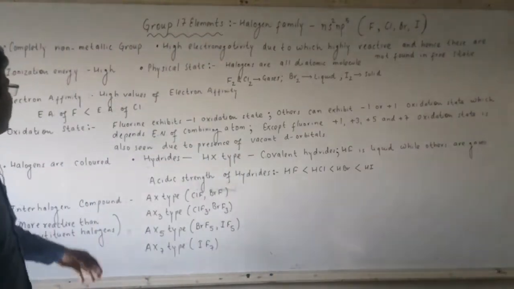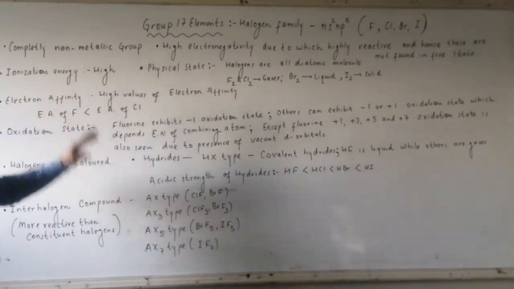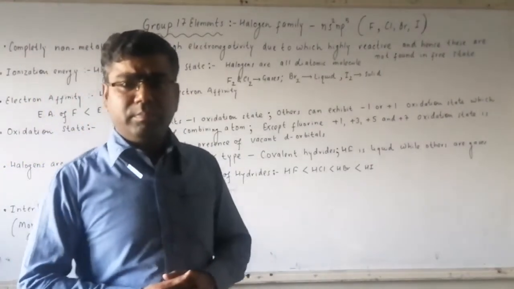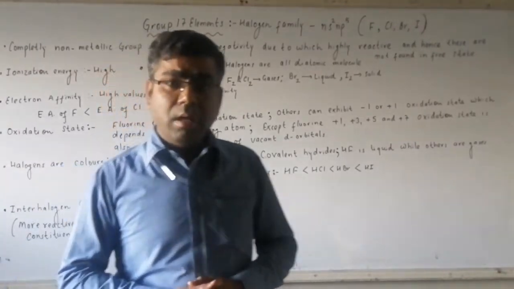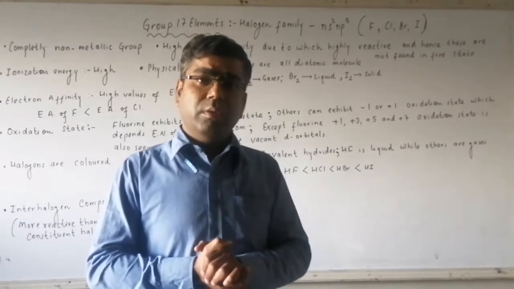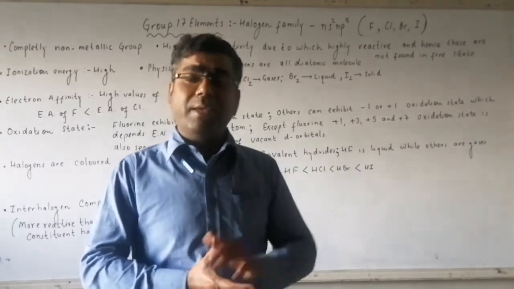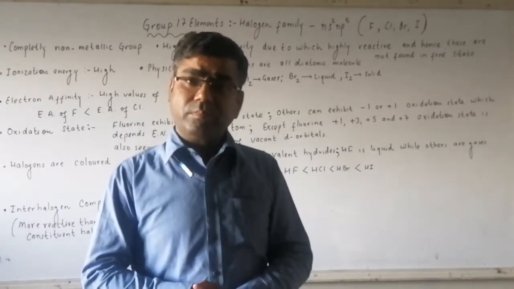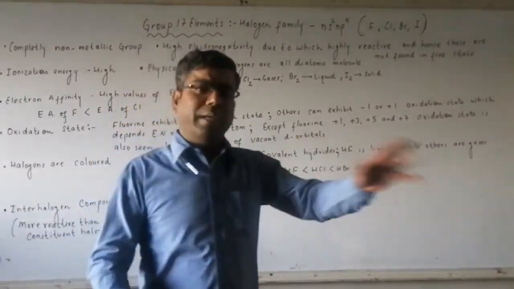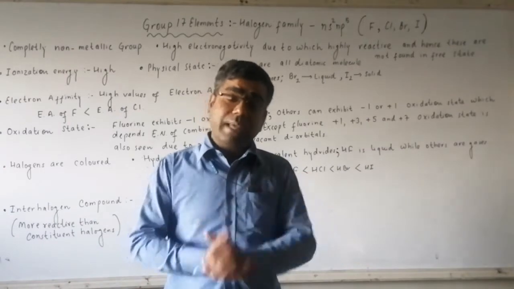Then next one, ionization energy is very high. It means a high amount of energy is required to remove the electron from the outermost shell of an isolated gaseous atom. Or in simple terms, a high amount of energy is required to remove the electron. What's the reason? Small size.